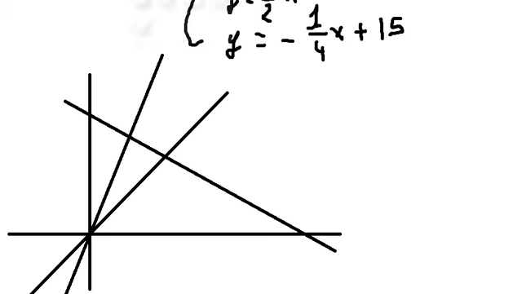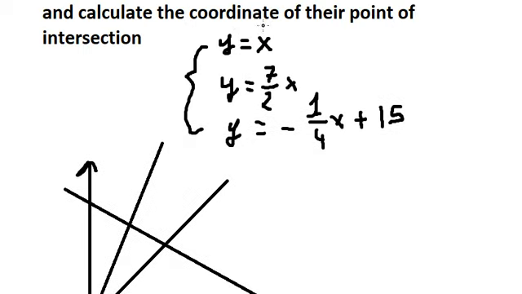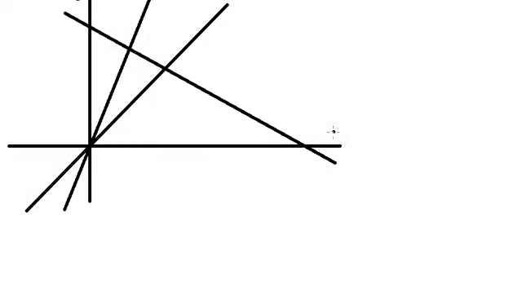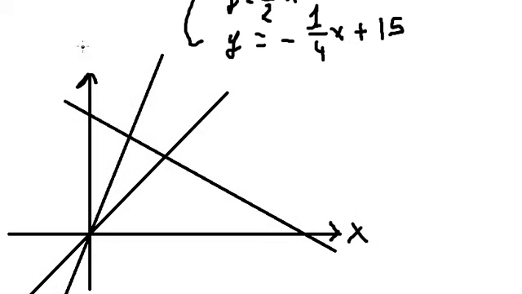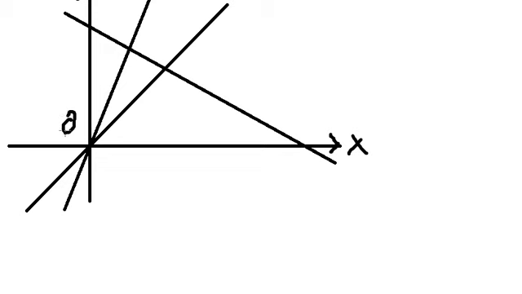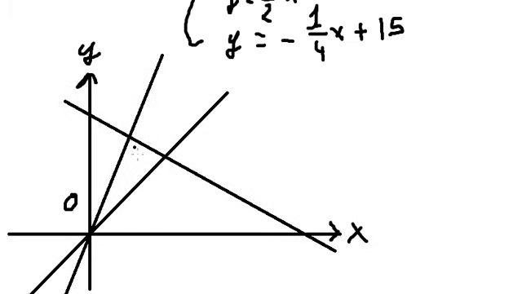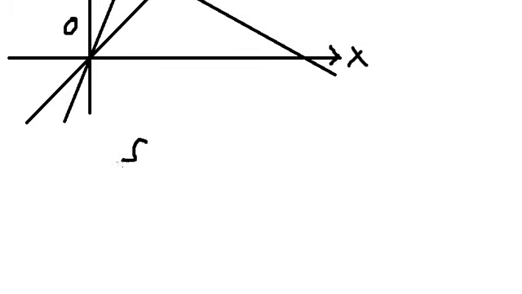Now to find the intersections in here, here, and here, we need to use 2 out of 3 equations to find the coordinates of the points of the triangle. So the first one is y equals x and y equals 7 over 2 x.